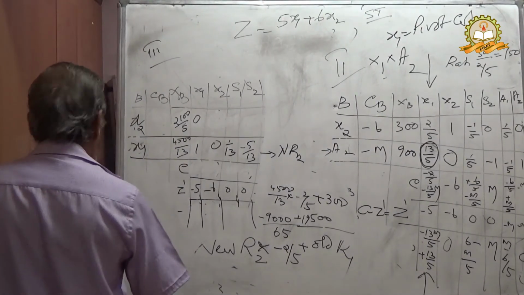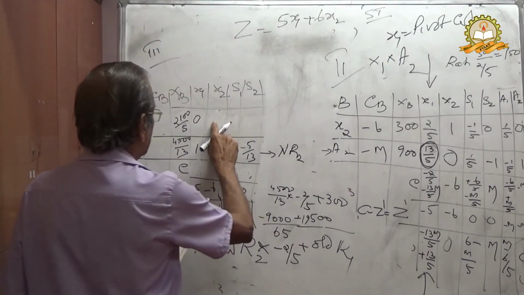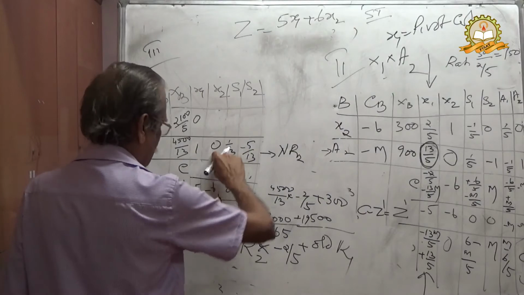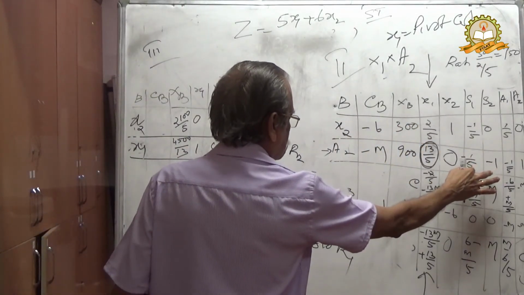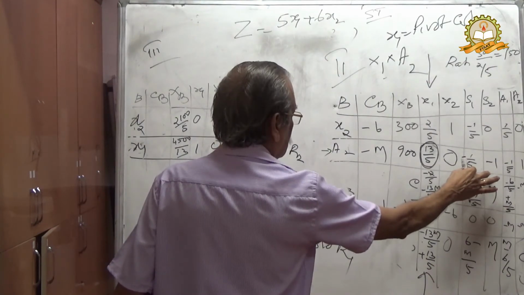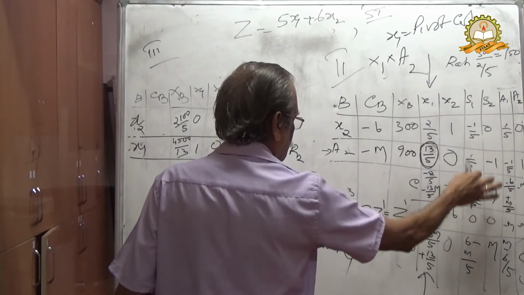Then under x2 you have 0. 0 into negative 2 by 5 plus 1. Then this into negative 2 by 5 plus this under S1.